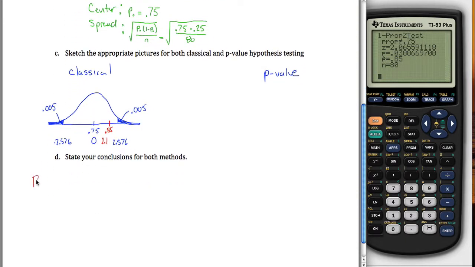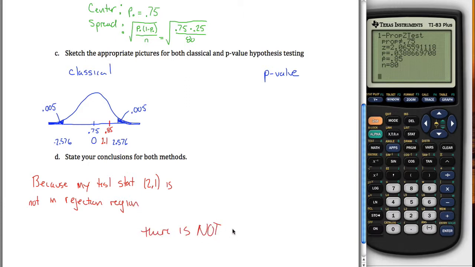So I would say because my test statistic, which was 2.1, is not in the rejection region, there is not sufficient evidence to reject the null hypothesis.